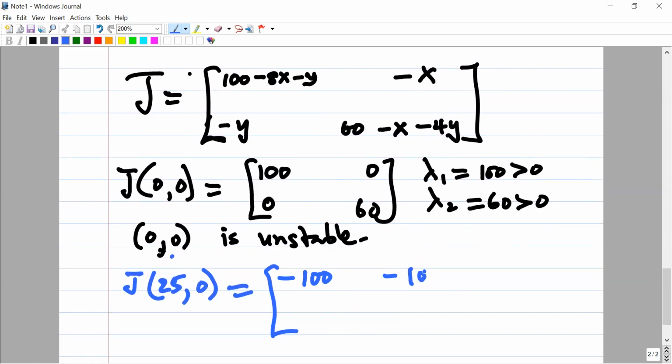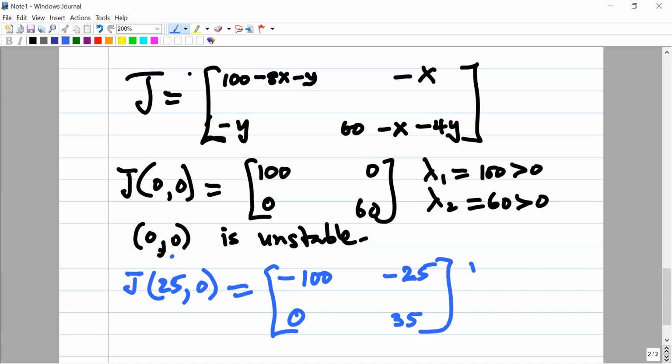Then we have minus 25 here. Here is 0. Then 60 minus 25 is 35.